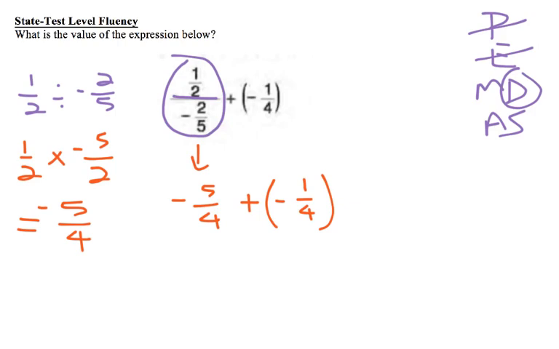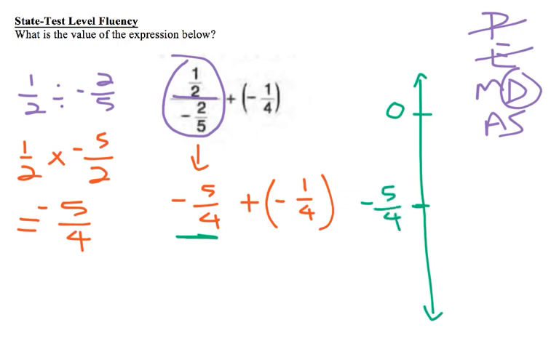From there, just like the problems we were just doing, I can think back to the balloon house context, and the starting value is where the house is starting. So since it's negative, we're going to start below 0 at negative 5/4. And then we're adding negative, which is the same as adding weight, which means we're really going down.